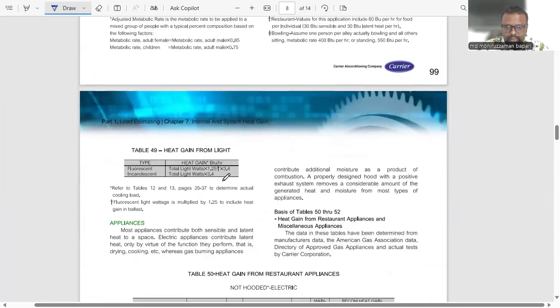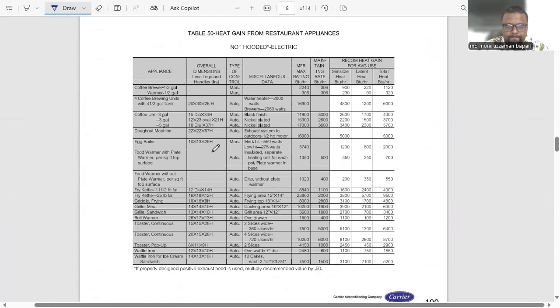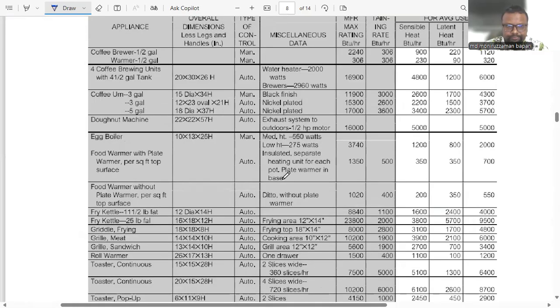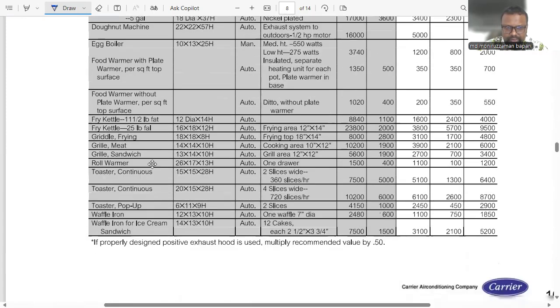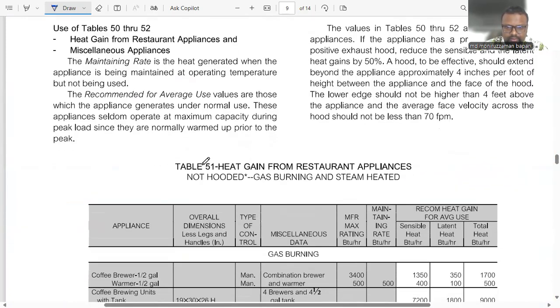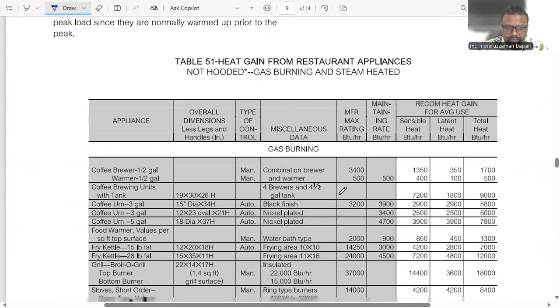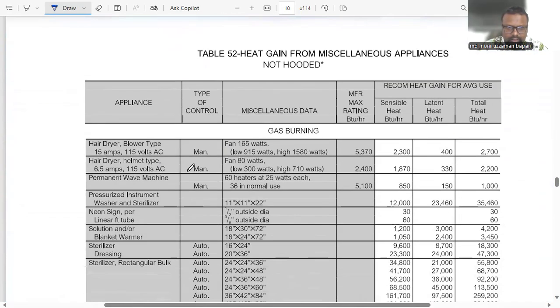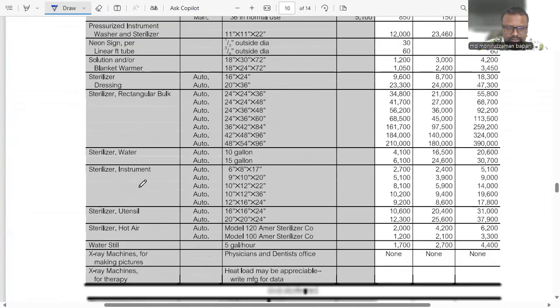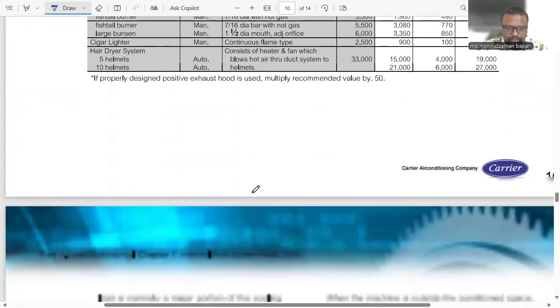Appliance and equipment. In this particular note, we have provided the heat load due to various types of appliances, which includes but is not limited to electric equipment, steam heated equipment, hair dryer like equipment, and gas burning equipment.